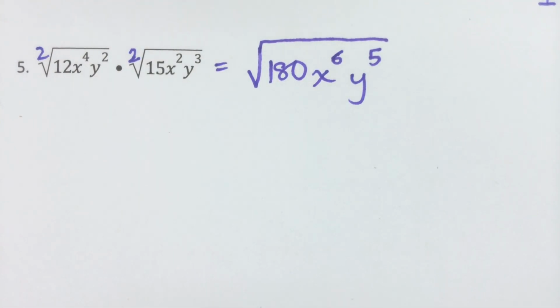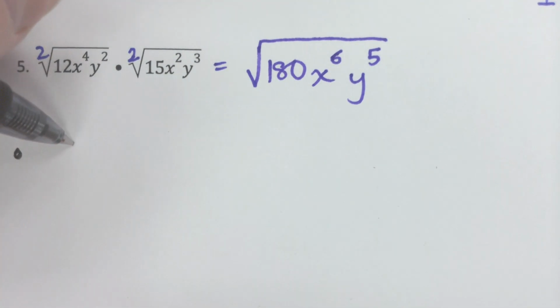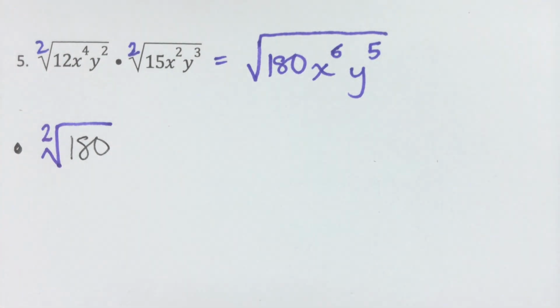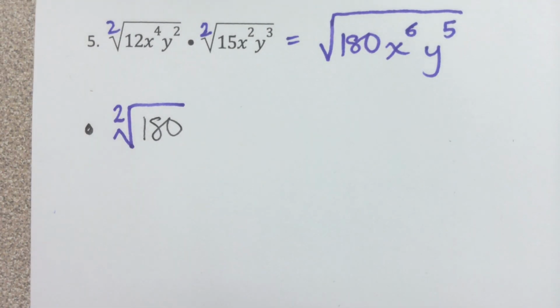We definitely have some work to do here, so we're going to start by breaking down the 180. Again, this is a square root, so we're making groups of 2 here. I can't remember if I've said this before, so I'm going to say it again.